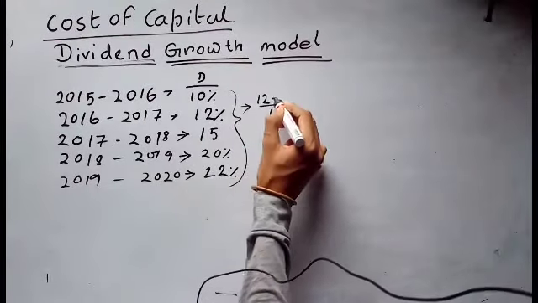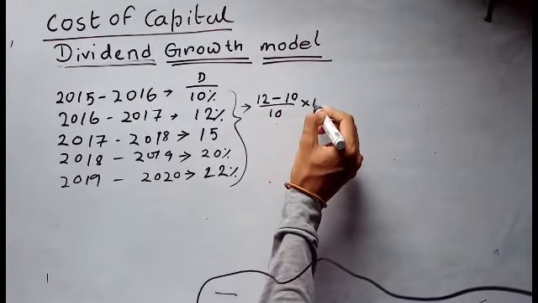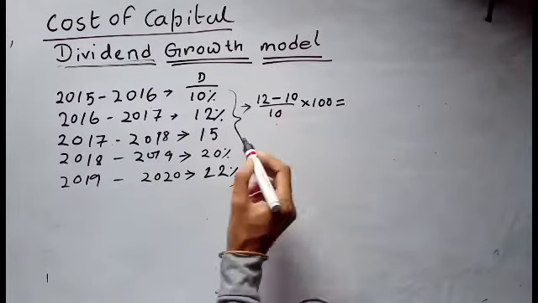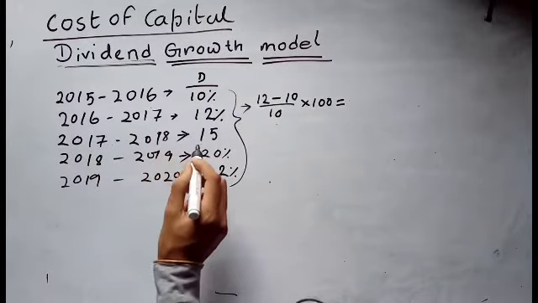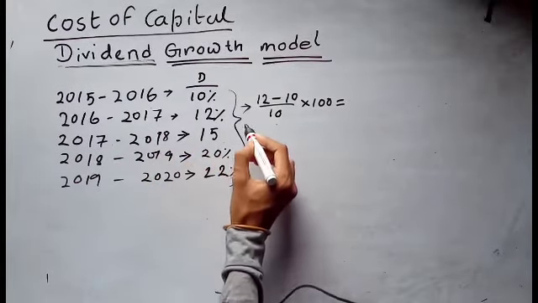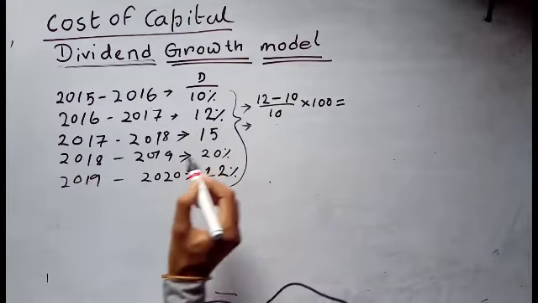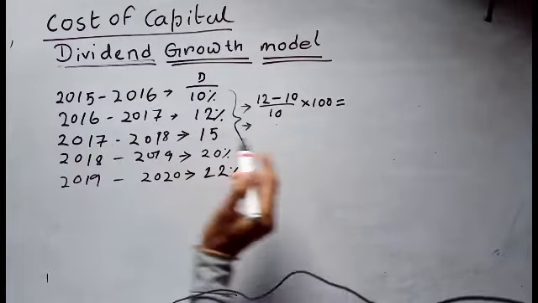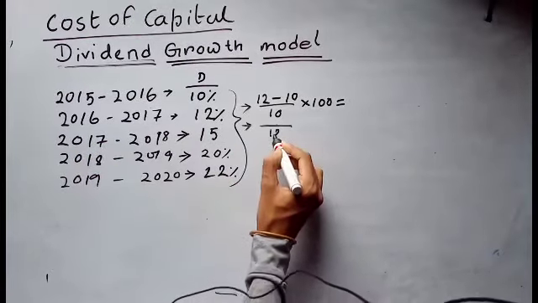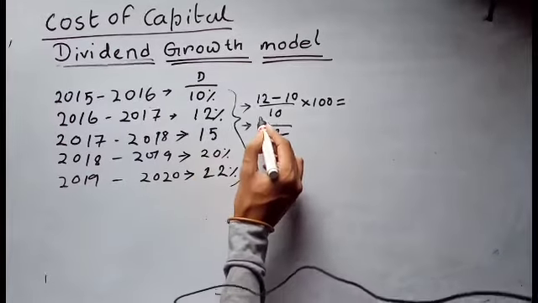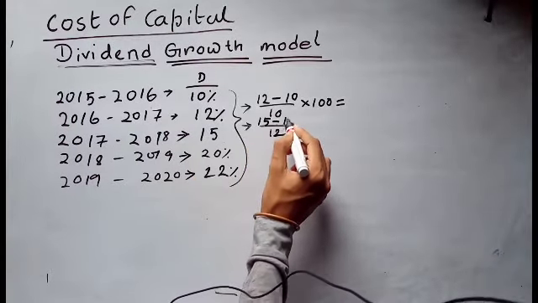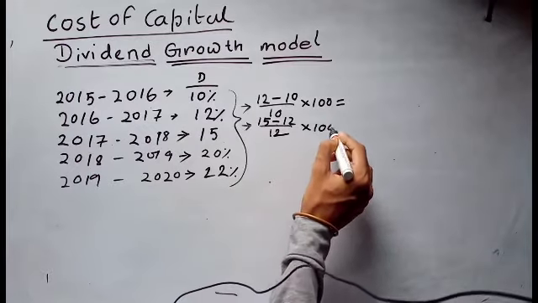The increasing value is 12 minus 10 into 100. And for 2017 and 2018, what is the growth? Here the base year will be 2016 and 2017, so 12%. The growth is 15 minus 12 into 100.